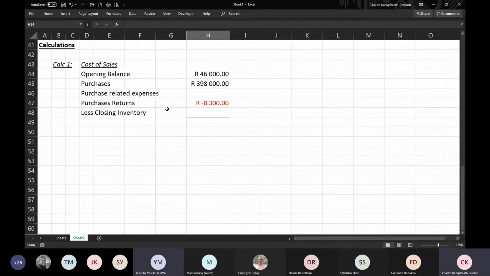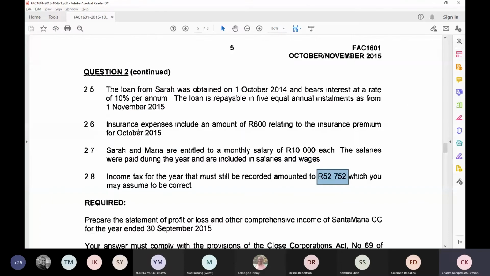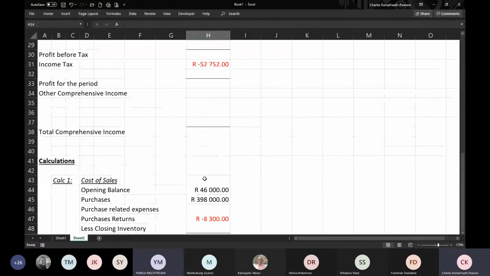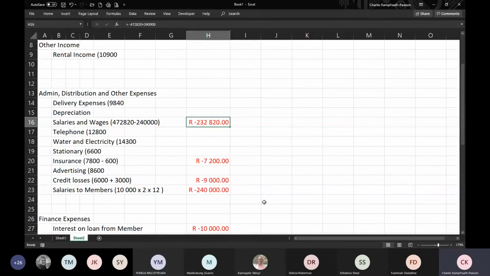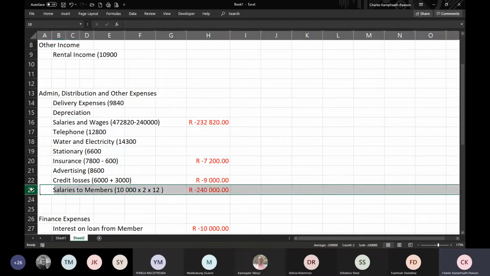So let's start with the cost of... Yes. Why are we subtracting salaries to members twice? We're not subtracting it twice. We are including it here and excluding it there. So we are just taking it from salaries and wages, the general account, and we are taking it to its separate line.